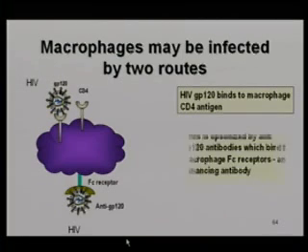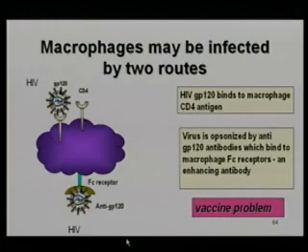Because if the virus is bound by antibodies, such as anti-GP120, it can be picked up by the Fc receptor. And that can be shown experimentally: putting the Fc receptor into cells, they can also get infected by HIV. That's a problem for vaccines, predisposing the virus to opsonization and infection of macrophages.